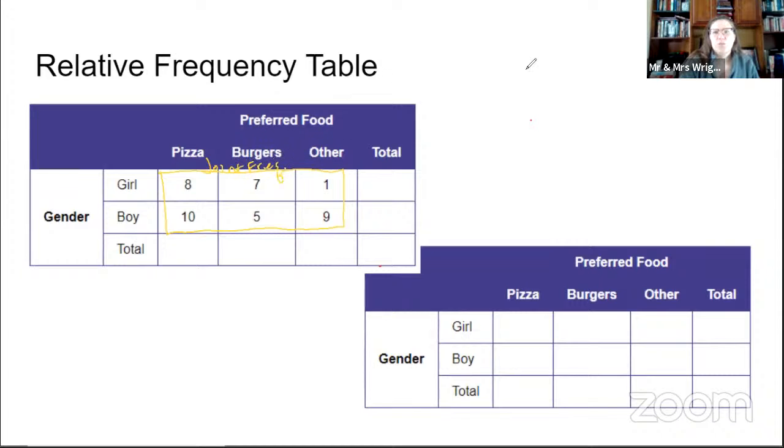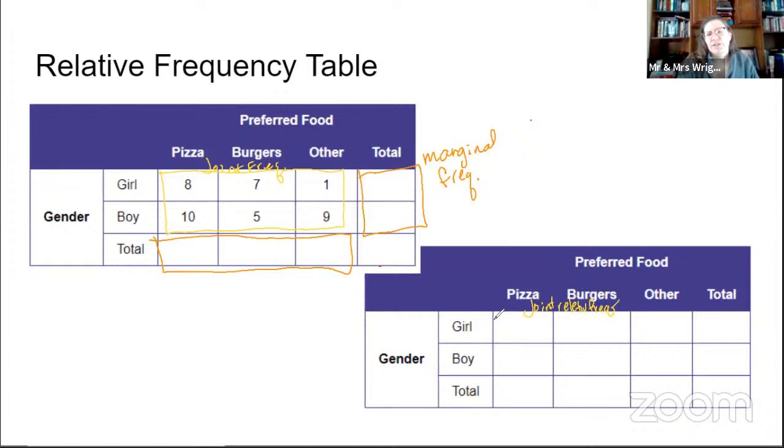Remember? And then what were these totals called? Do y'all remember what those were called? They had a special name as well. They were the marginal frequencies.